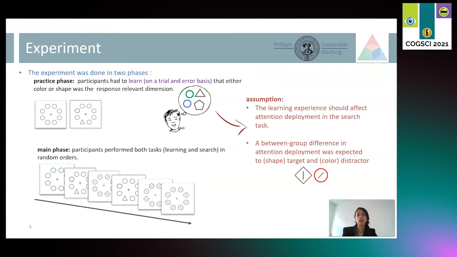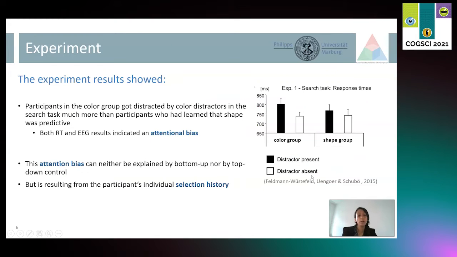The assumption was that the learning experience should affect attention deployment in the search task, and also a between-group difference in attention deployment was expected for shape target and color distractor. The experimental results showed participants in the color group got distracted by color distractors in the search task much more than participants who had learned about the shape.